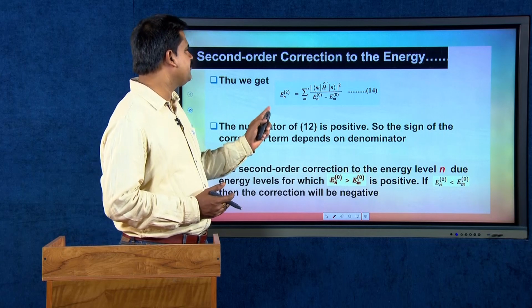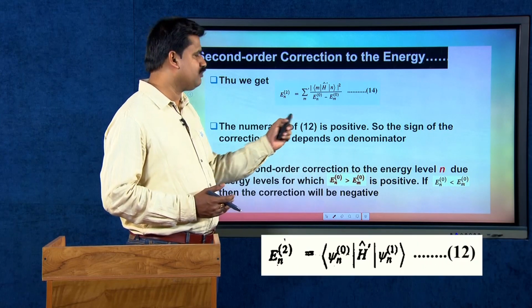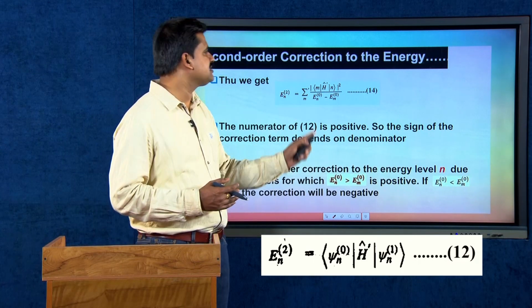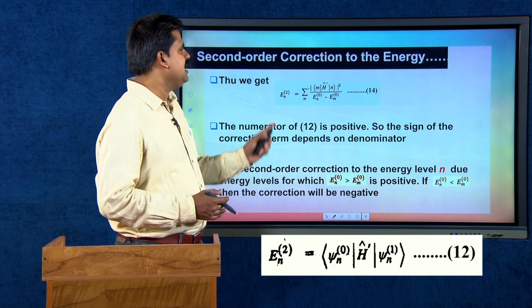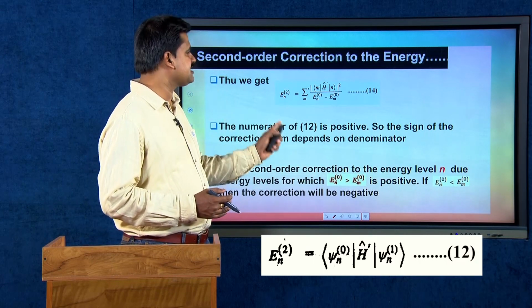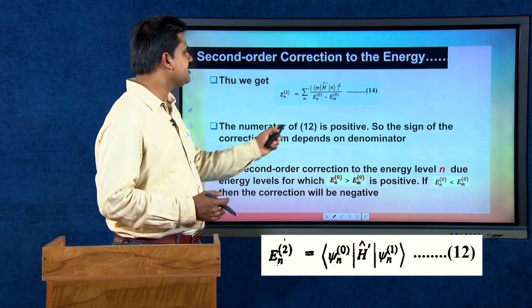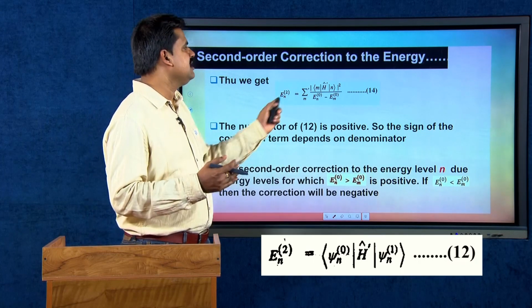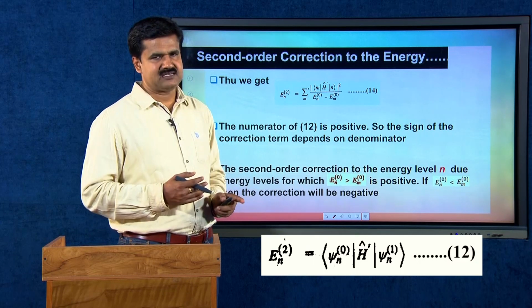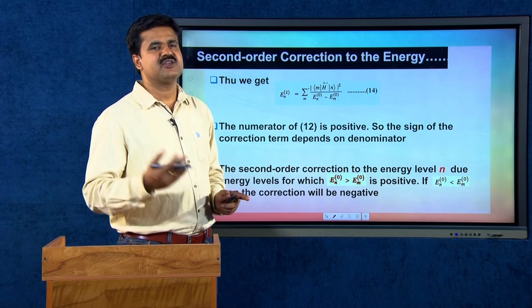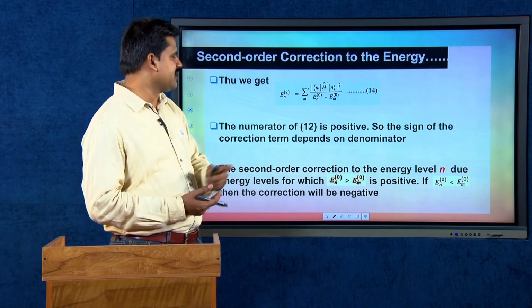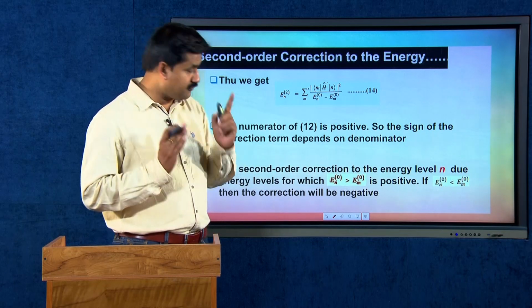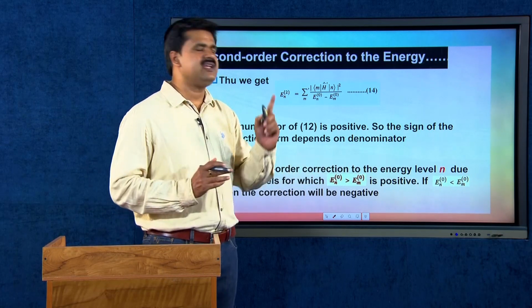The numerator of equation 14, as we learned previously, is a positive quantity. So, the sign of the correction term depends on the denominator. In equation 14 the numerator is positive, so the sign of the entire function is governed by the denominator. Consider the second order correction to the energy level n due to energy levels for which En0 is greater than Em0.